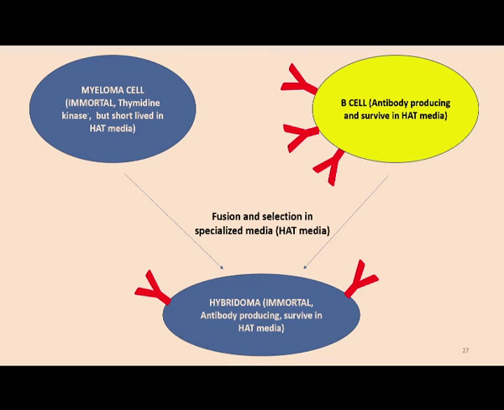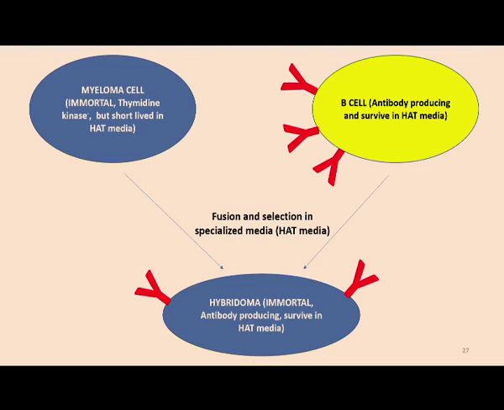So, if you look here, these myeloma cells are immortal, and there is also something else written here. It is thymidine kinase negative. What this means is that this cell type is not able to synthesize DNA by itself.